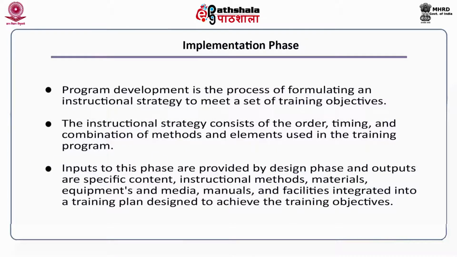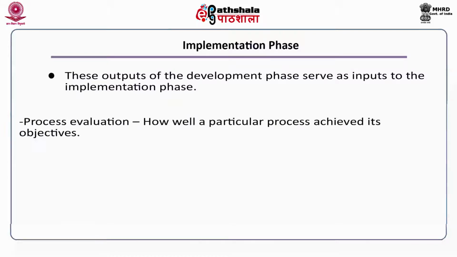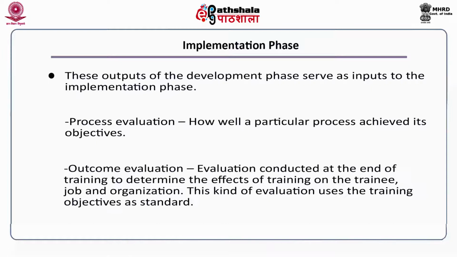Outputs are specific content, instructional methods, materials, equipment and media, manuals and facilities integrated into a training plan designed to achieve the learning objectives mentioned earlier. These outputs of the development phase serve as inputs to the implementation phase, and evaluation has two parts: process evaluation and outcome evaluation.